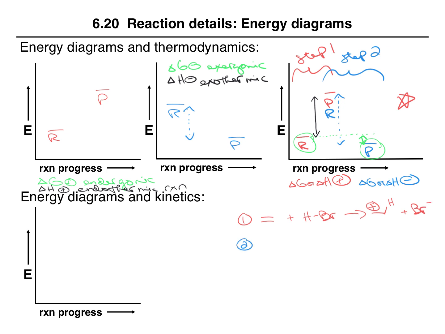And then step 2 involves the Br minus recombining with the carbocation to form the alkyl bromide. So I'm only showing this hydrogen because let's pretend that this is the one that just became connected. We already have 2 other hydrogens here, 2 other hydrogens here. They're still here, they're just not shown.